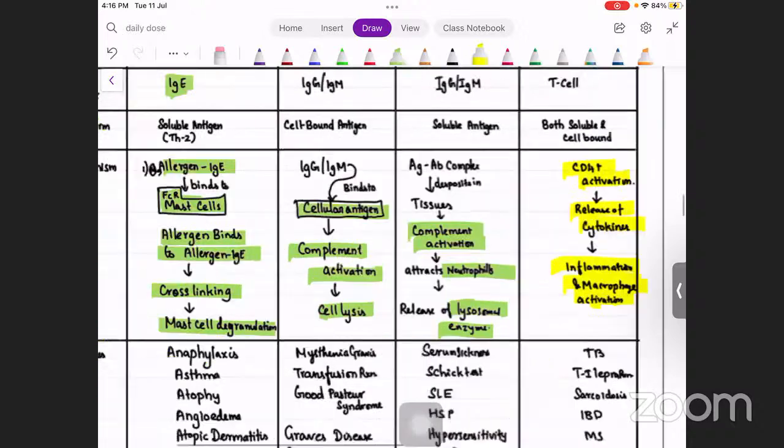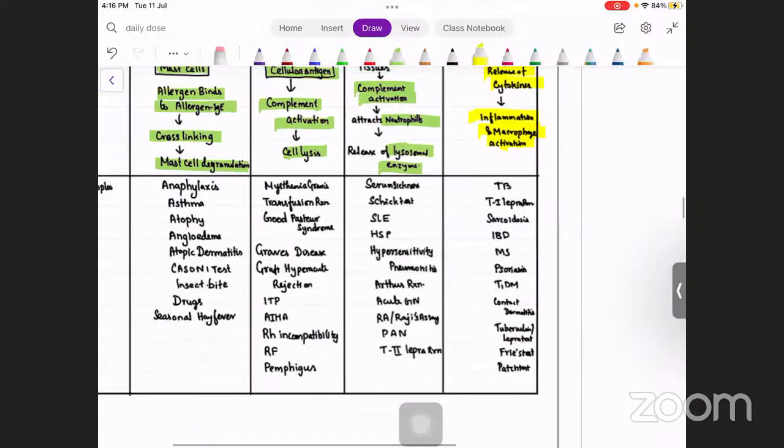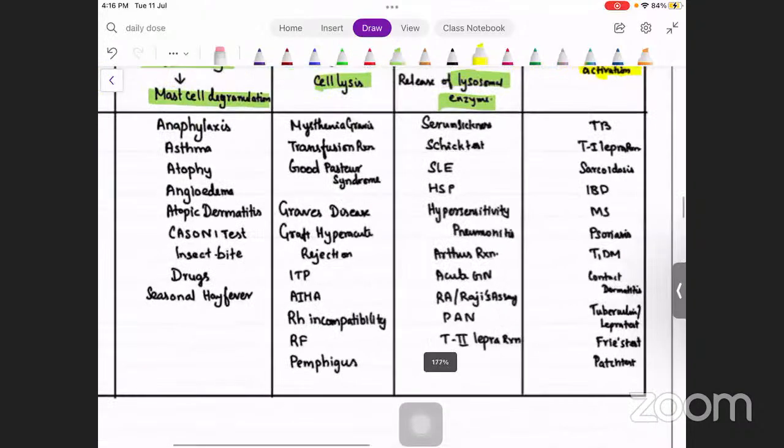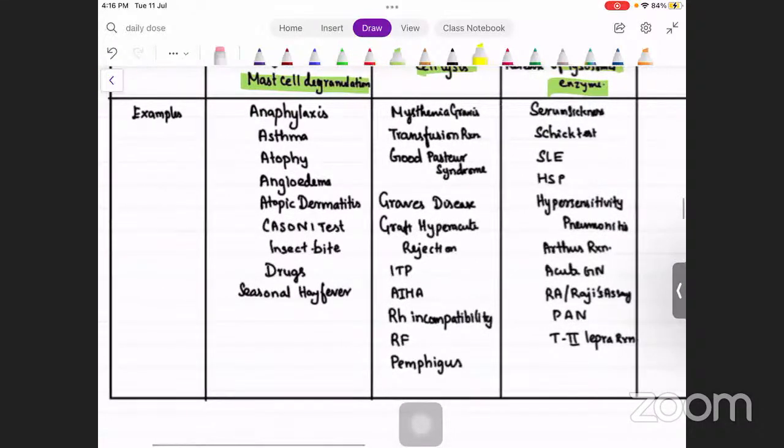So for important examples, for type 1, I used to remember it as 5 A's with CIDS.